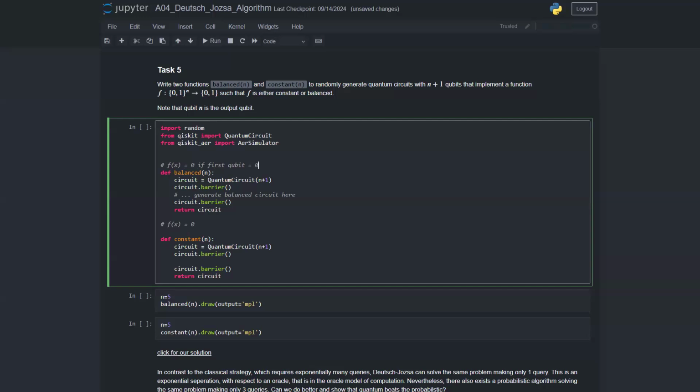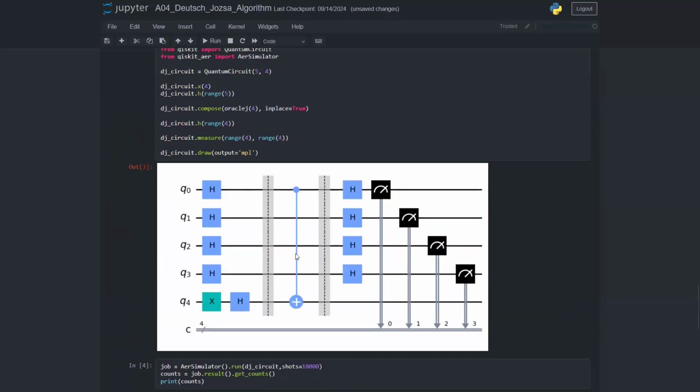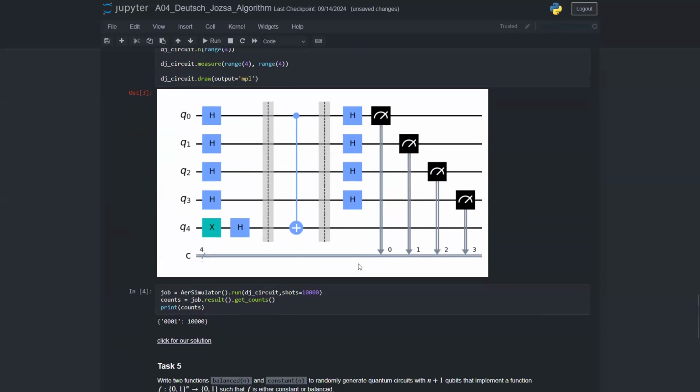And that would mean that x1, the second qubit, will be equal to 0 as well. And similarly, if the first qubit is 1, it will be equal to 1. Here we have been giving an answer in a way, or one of the answers. Because we got this version, we didn't have to think as much, because when you're getting a constant function, you don't need to do anything.